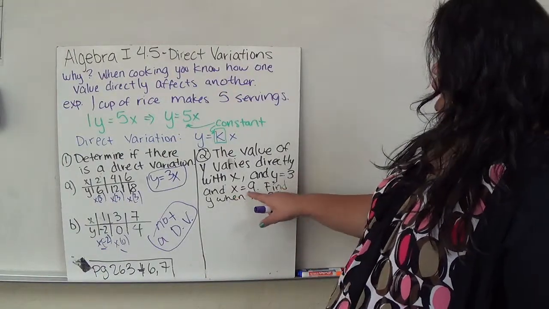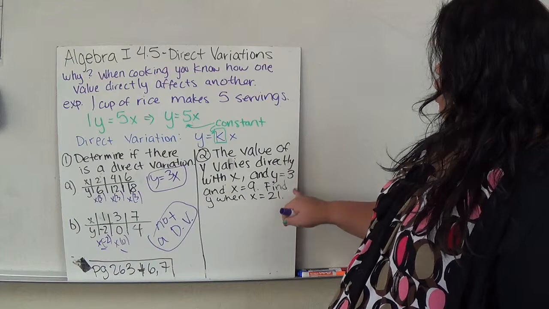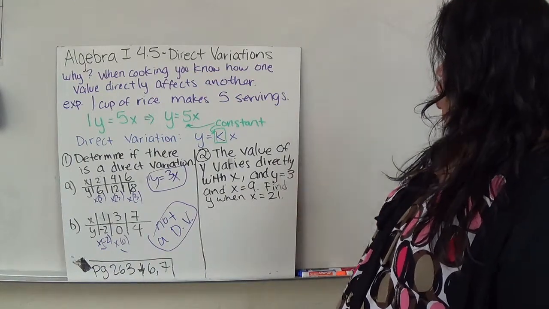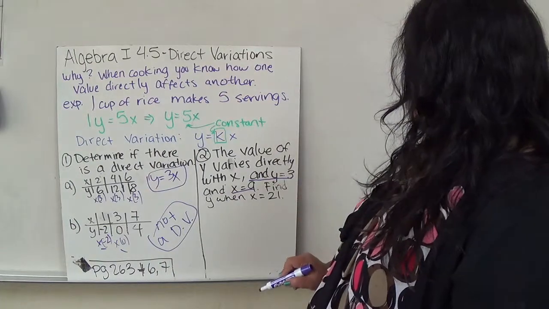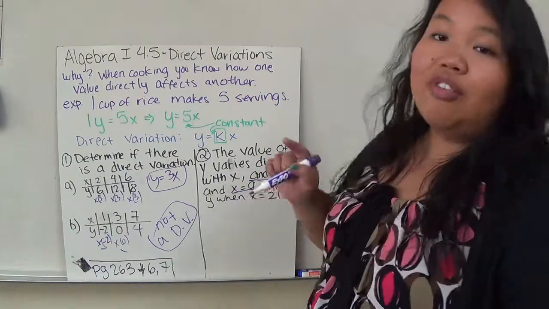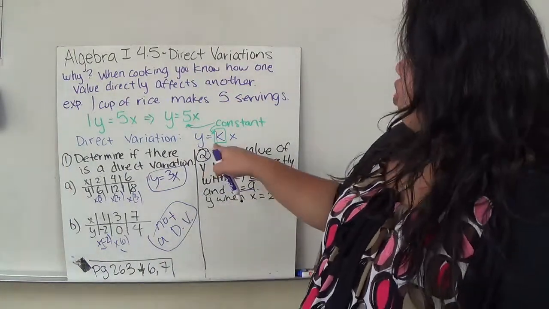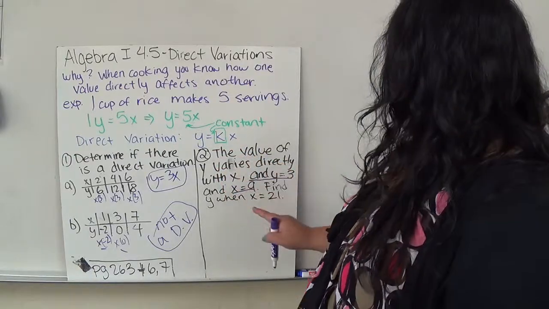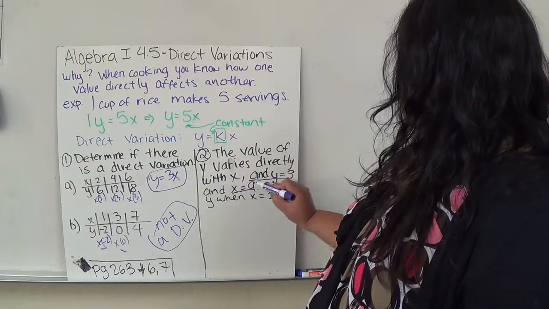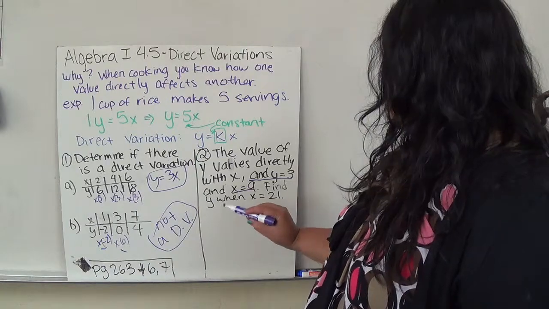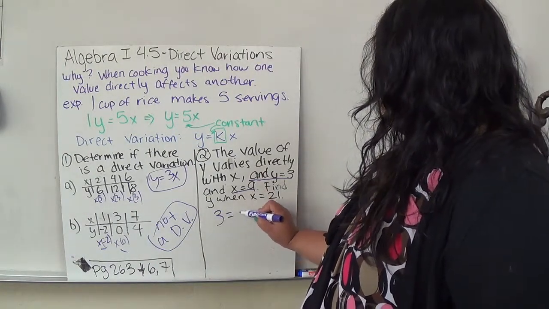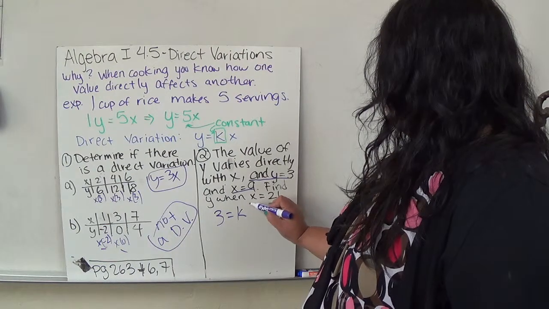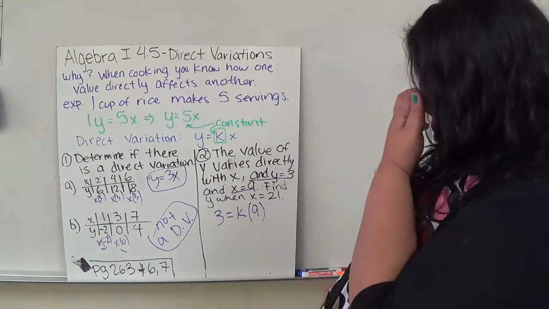Y equals 3 when x equals 9, and they want you to find y when x equals 21. So I'm going to use this first part to find the equation, okay? Because in order for me to have a direct variation, I'm looking for what letter? The constant, right? So I'm going to use the first part to find what the constant is. Because it tells me that 3 is directly varied by some number with x, which is 9, okay?